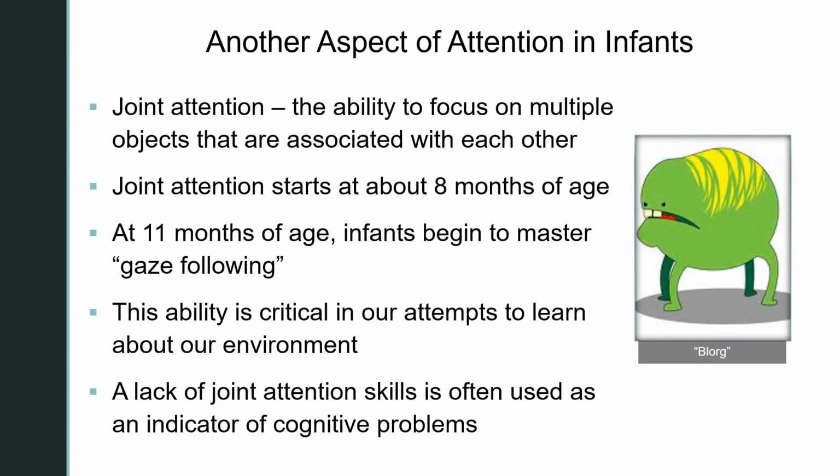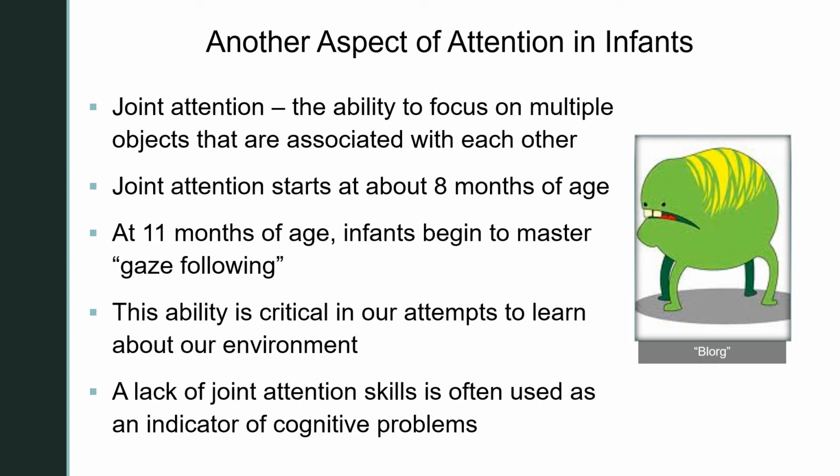As we get a little bit older, another attention skill starts to pick up. This concept of something called joint attention, where infants are able to, for the very first time, recognize multiple things at once. This isn't necessarily the equivalence of multitasking. It's more just the ability to process a multitude of things that we're paying attention to.